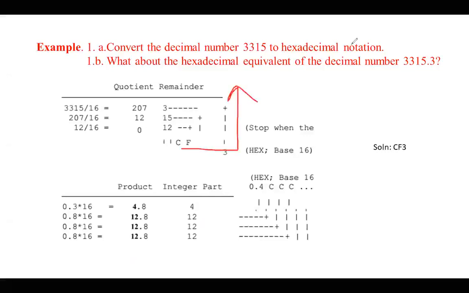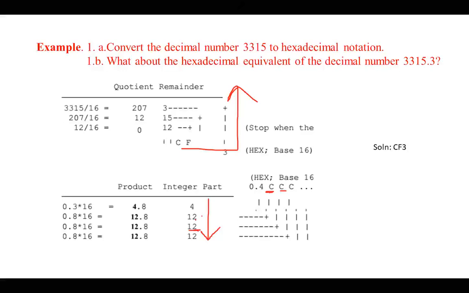When we are writing the solution for the decimal part, we are going to follow like this. So the first number is 4, the next one is 12, which is equivalent to C, the third one is 12, again equivalent to C, the fourth one is 12, again equivalent to C.